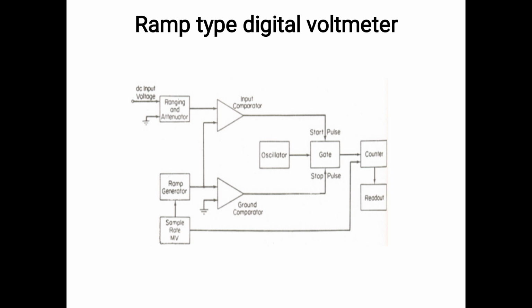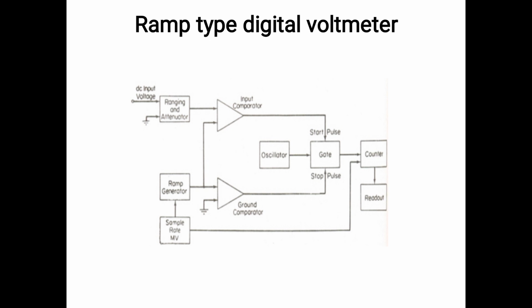That produces the pulse and it stops the gate entry. Now the number of pulses counted is taken as a readout. So when the comparator compares, it will produce the signals according to the reference.